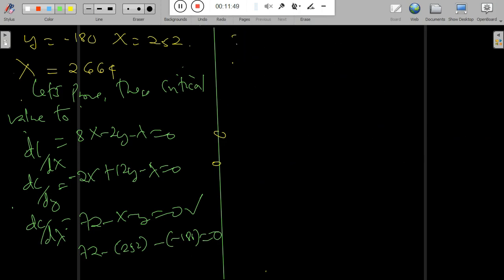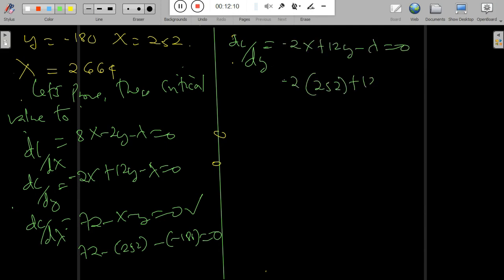So for that case now, when you try to prove these critical points, you obtain the same results as the partial derivative indicates. So when you plug in to the second order derivative of dL over dy, that is 2x plus 12y minus lambda is equal to 0, you will see the result will be equals to 0.